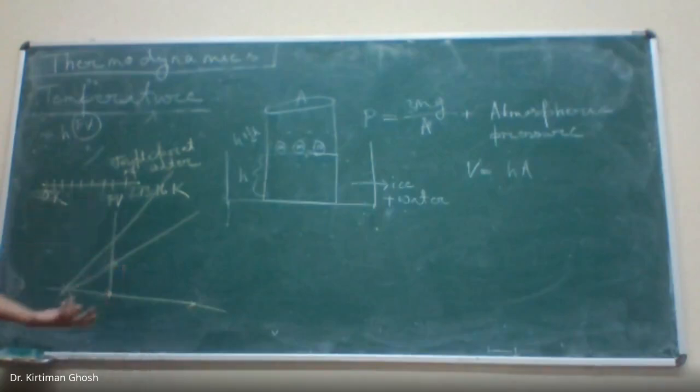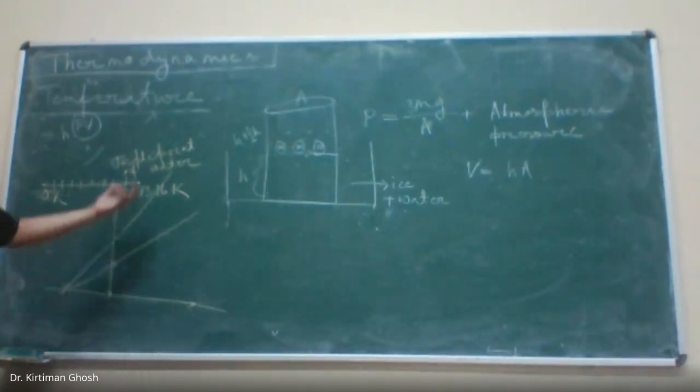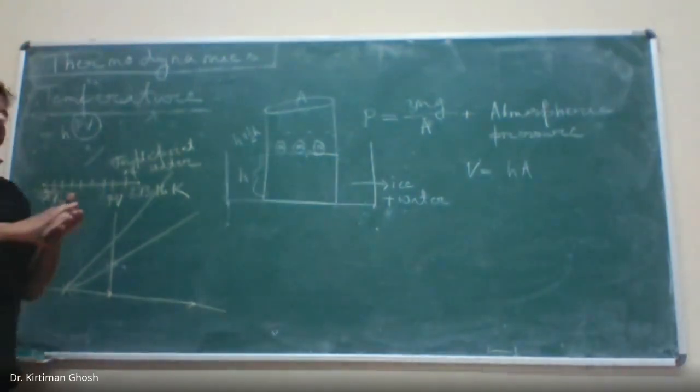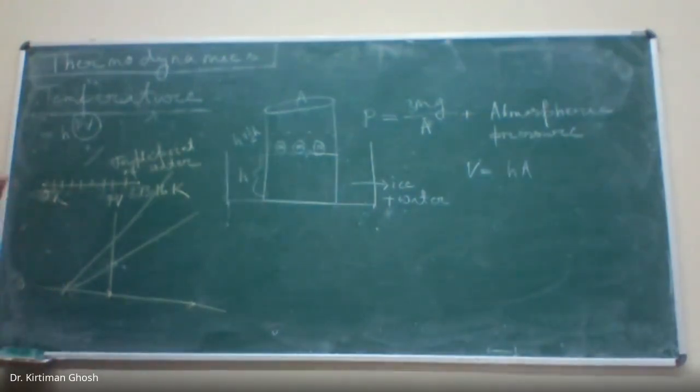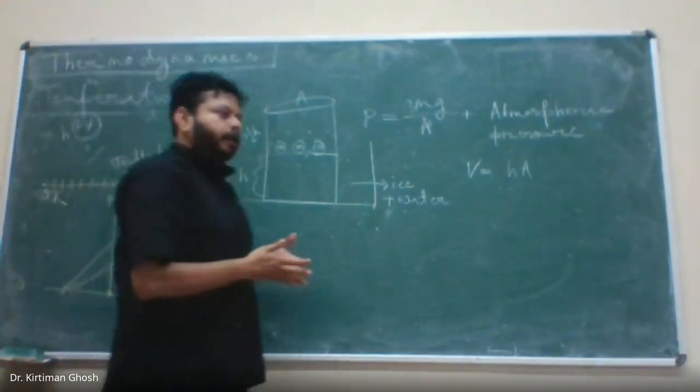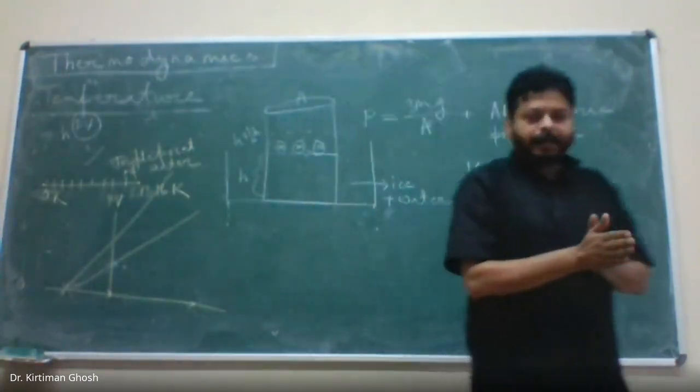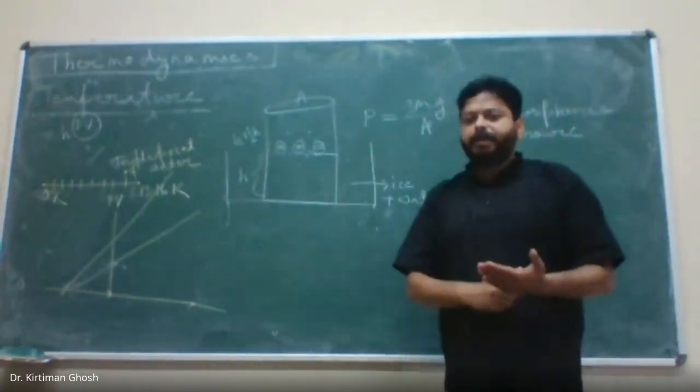And we need another point to calibrate the scale. That point is the triple point of water, which is also a universal point. You can only achieve water in its three states simultaneously at a given volume, given pressure, and given temperature.